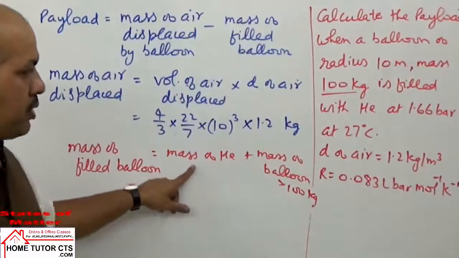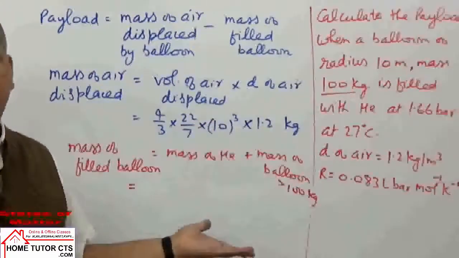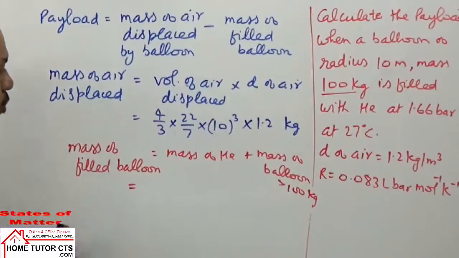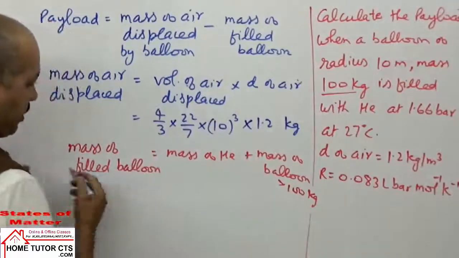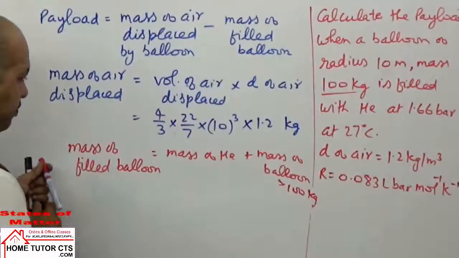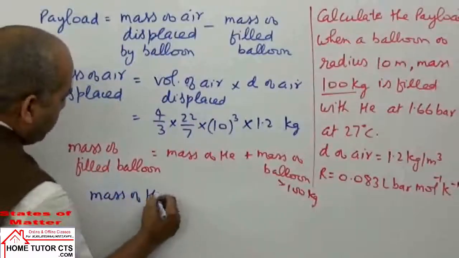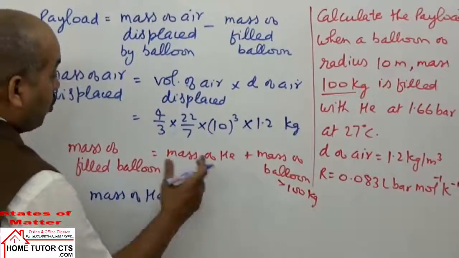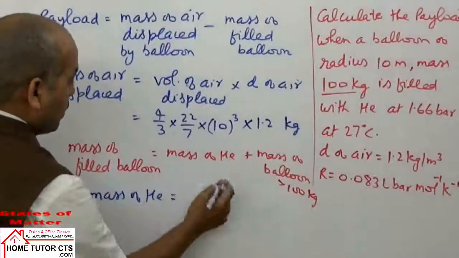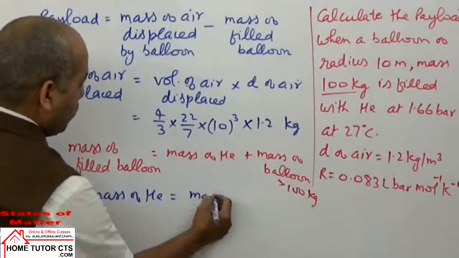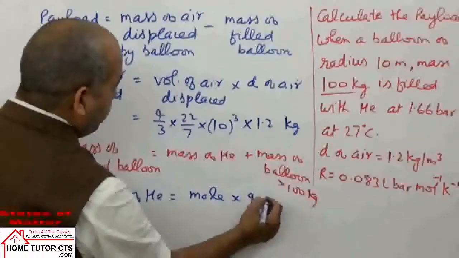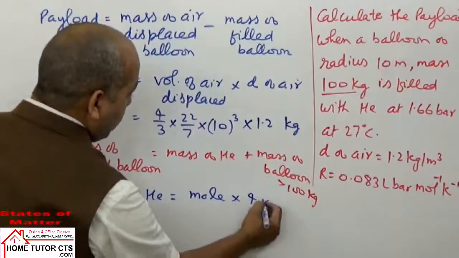Once the volume is known, we get the number of moles, into the molar weight of helium. I will do a separate calculation for one line. Mass of helium is moles of helium into molar weight. 4 is in gram, so we can take it in kg.